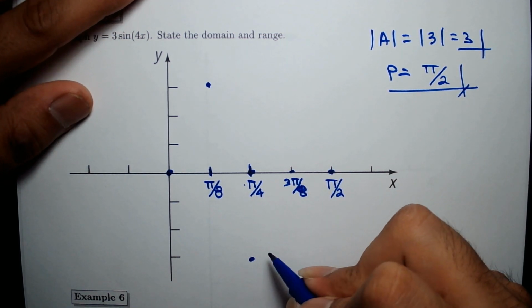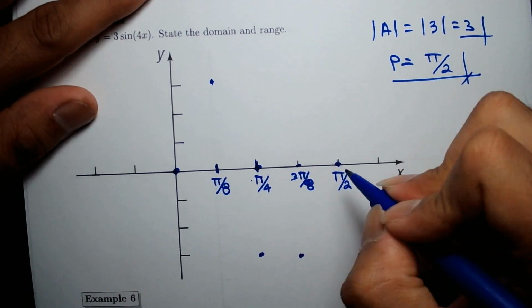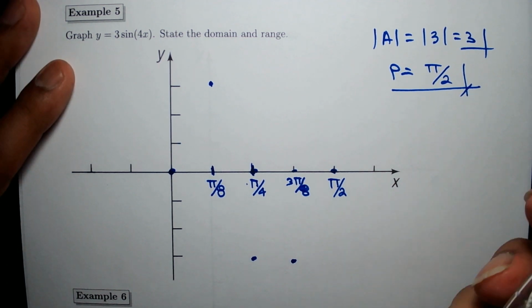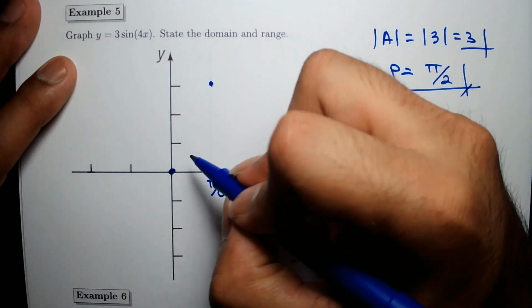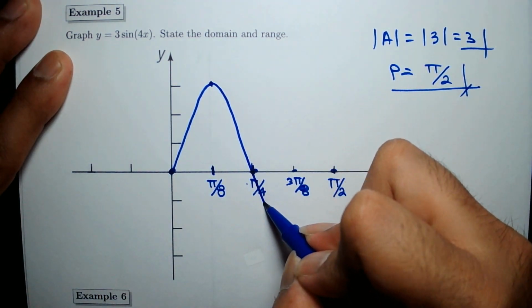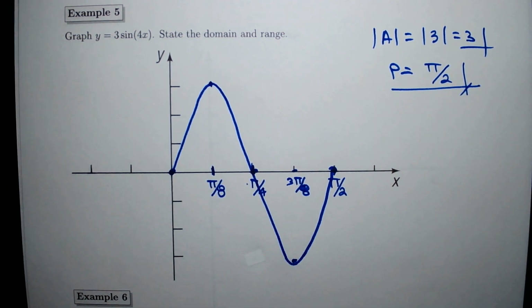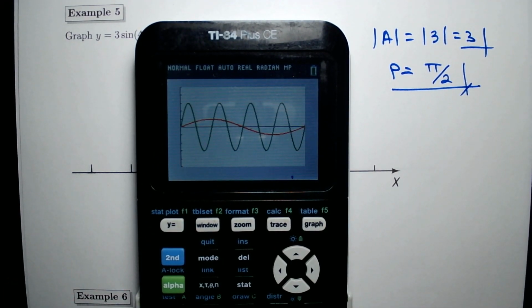Oh wait, actually here and here, not this one right there. Never mind. That's only an x-intercept. And that's one cycle.